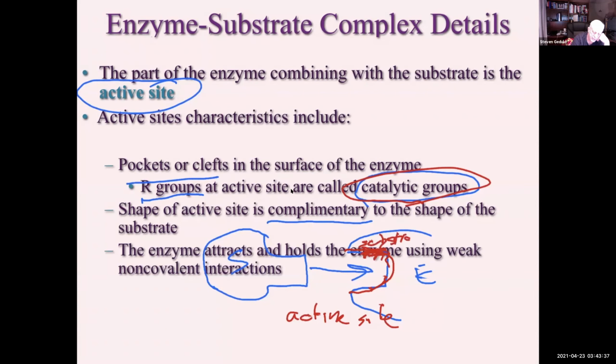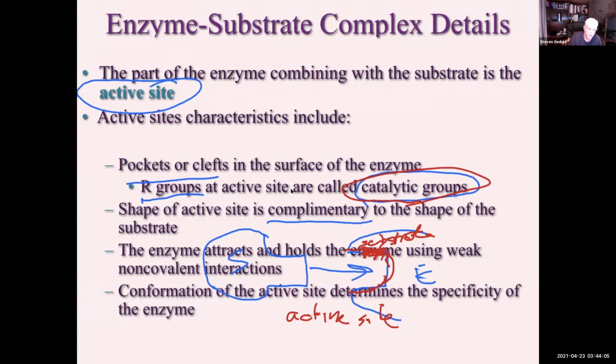So the enzyme attracts to and holds the substrate using the weak non-covalent interactions, the ones between the R groups that we talked about for our protein tertiary shapes: our hydrogen bonds, our hydrophobic interactions, our salt bridges, and there's one more, our disulfide bonds. So that's your enzyme substrate complex. Conformation of the active site determines the specificity of the enzyme. So when the active site binds to it, it determines that the enzyme specifically fits that substrate.